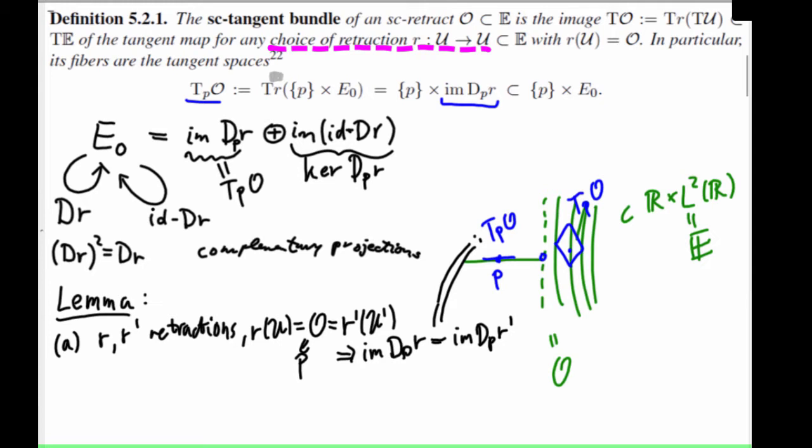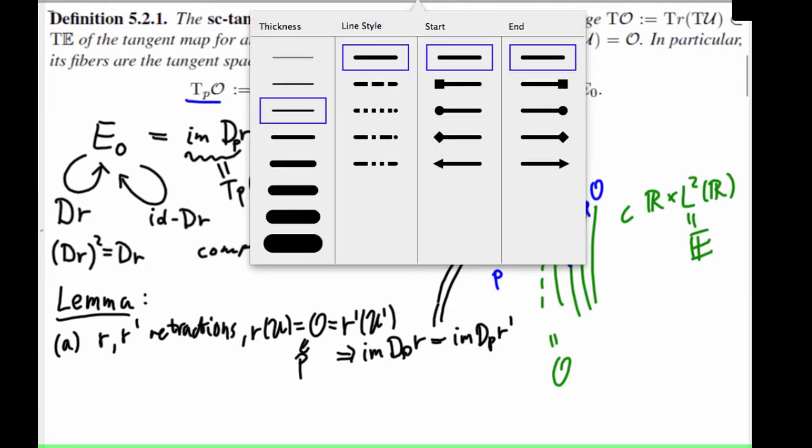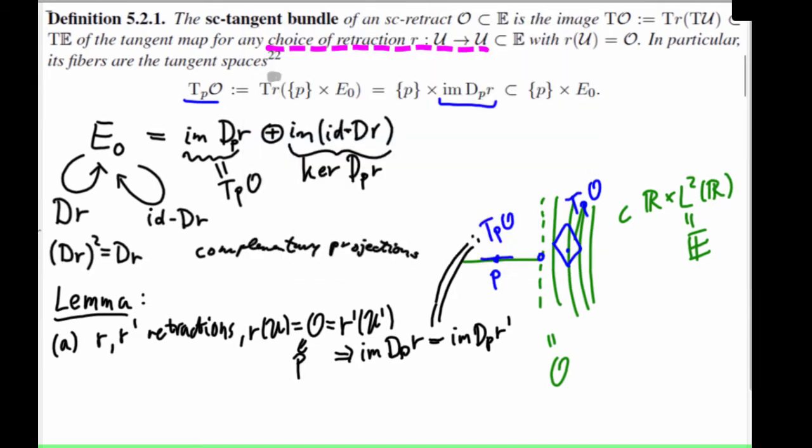And finally, there's one more little thing. There's a lot more things that you would like tangent bundles to do. But when you first saw the definition of a tangent bundle for a manifold, you probably saw it as equivalence classes of paths or derivatives of paths. And that's really what it should be.